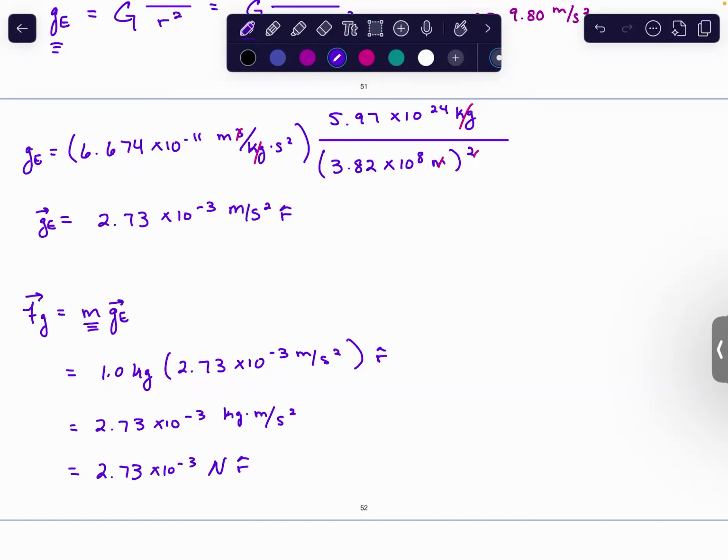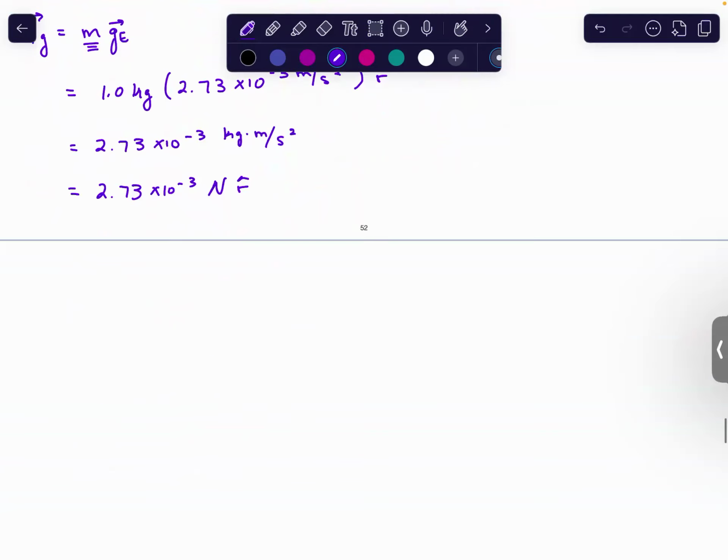And that's going to be directed towards the Earth. So that's the amount of force that the Earth is putting on the rock when it lays on the surface of the moon. Now, what is the total force exerted on the rock?